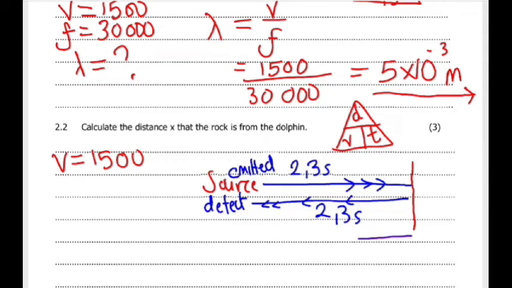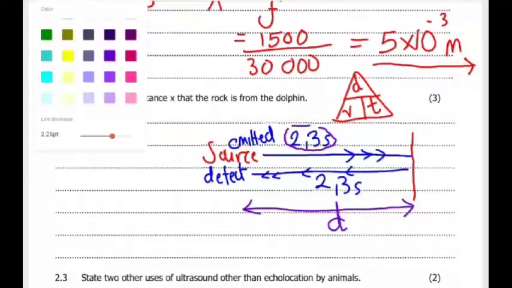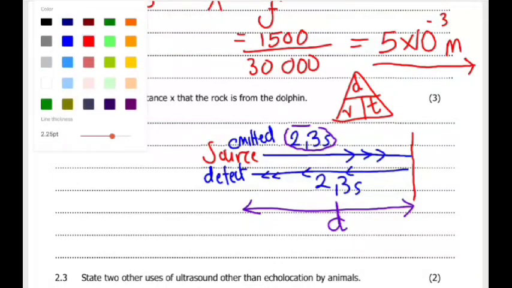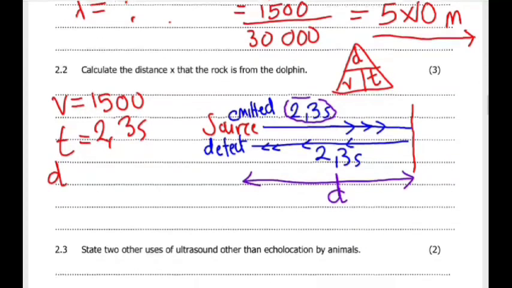Now we want the distance d that is between the source and the barrier. So we're going to use the 2.3 seconds and the speed to get the distance. So now we've got the time. It's now 2.3 seconds, and we want the distance.